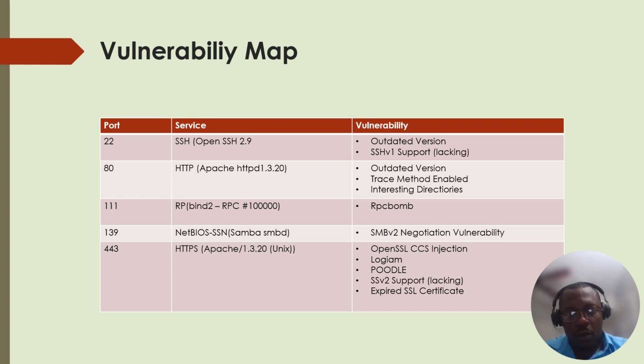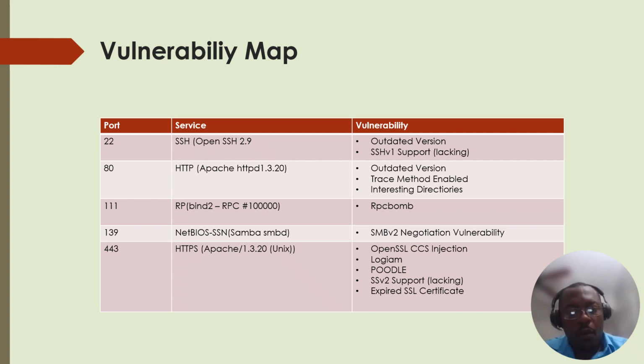For port 22, the service is SSH, OpenSSH 2.9, and the vulnerabilities are outdated version and SSH version 1 support lacking hardening. For port 80, the service is HTTP Apache httpd, and the vulnerabilities are outdated version, TRACE method enabled, and interesting directories.